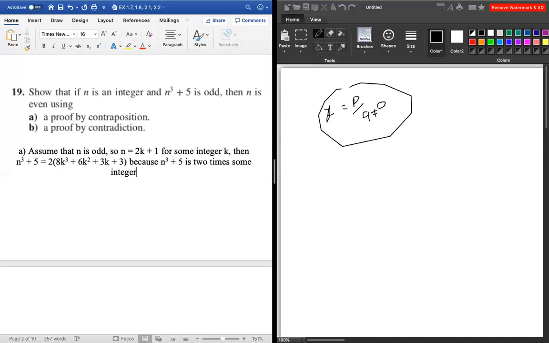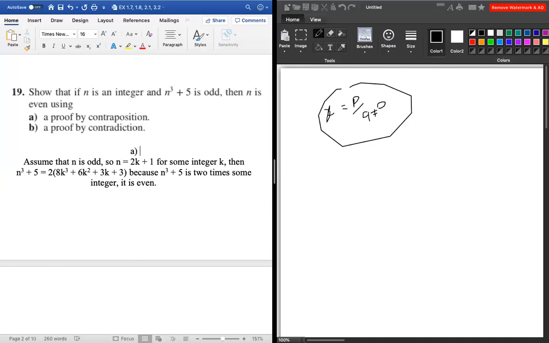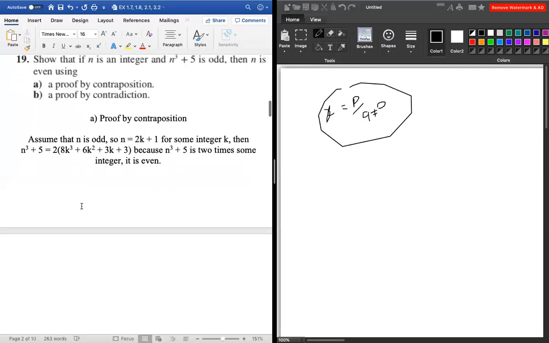So because n cubed plus 5 is 2 times some integer, therefore it is even. So this was proved by contraposition.